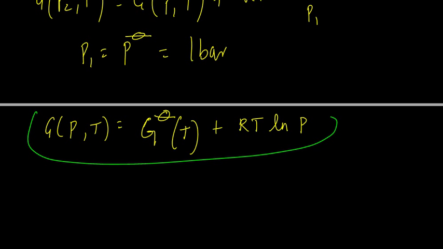Likewise, since entropy is equal to the negative of the slope of the Gibbs free energy with temperature plot, S is equal to minus del G by del T at constant pressure.